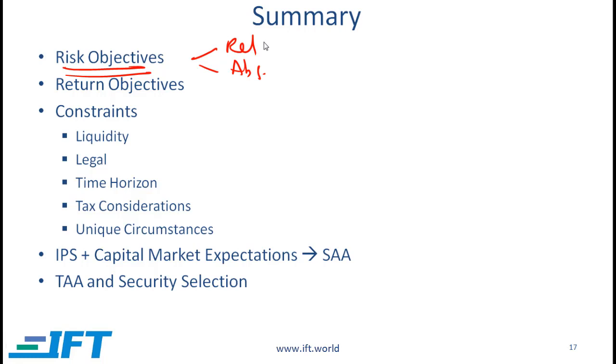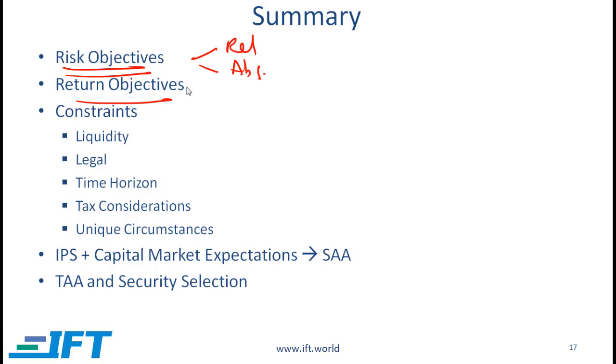A relative risk objective refers to looking at the difference between the returns of our portfolio and the returns of a benchmark index. Return objectives again could either be relative or absolute. If we say that we need a return of 10% or more, that's absolute return. If we talk about returns in terms of a benchmark by saying that our return needs to match the return of the S&P 500, that would be a relative return.